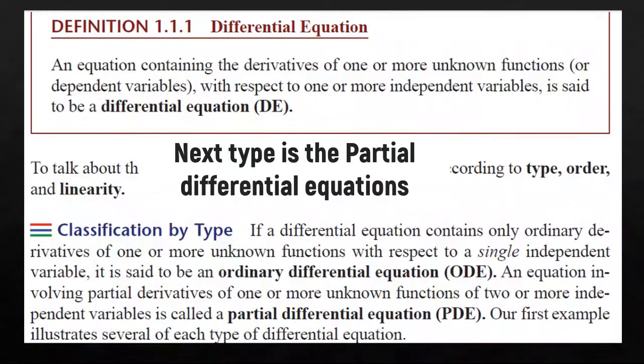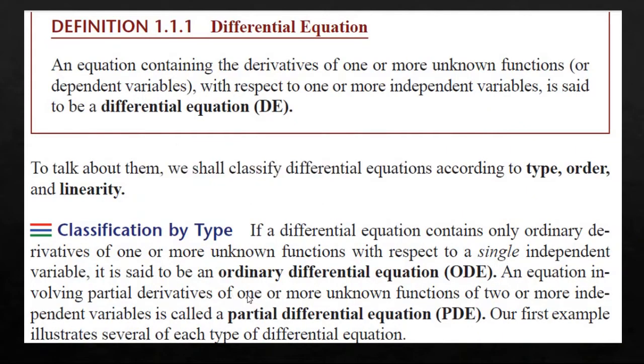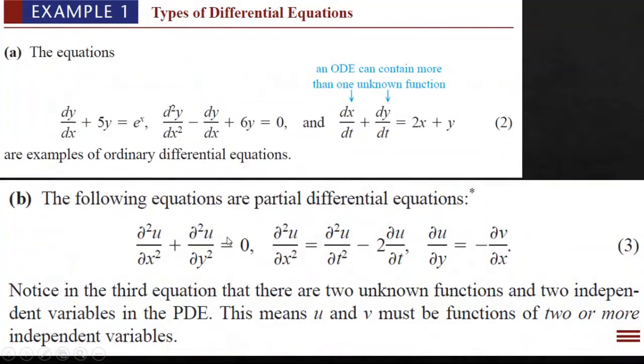Partial differential equation. An equation involving partial derivatives of one or more unknown functions of two or more independent variables is called a partial differential equation. Let's consider examples. The following equations are partial differential equations. d square u over dx square plus d square u over dy square is equal to 0.